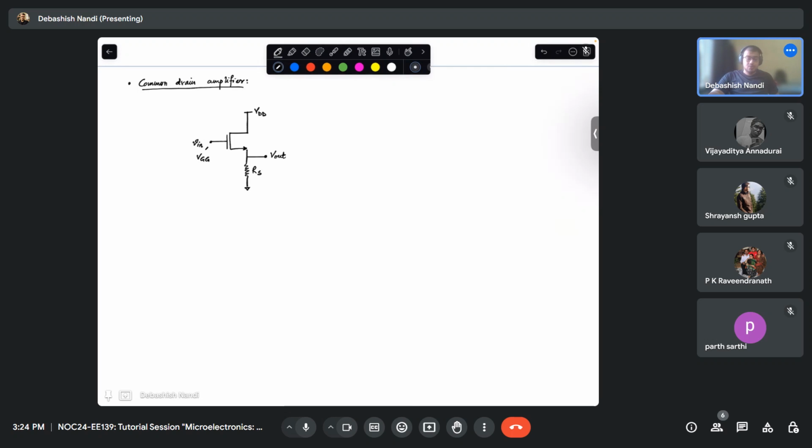Okay. So your small signal equivalent will be a resistance RS, V out, V in, and this will be grounded. Okay. And let's assume for simplification of analysis that RDS tends to infinity. That means this resistance is almost infinity, so we can assume it to be an open circuit.